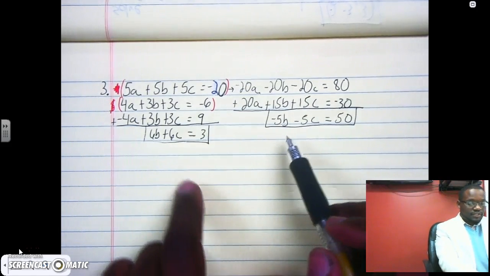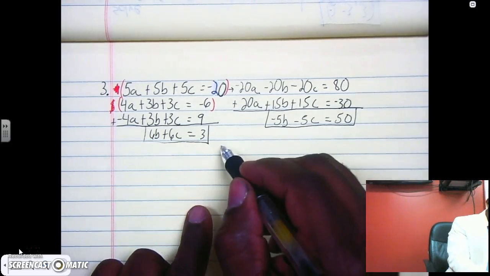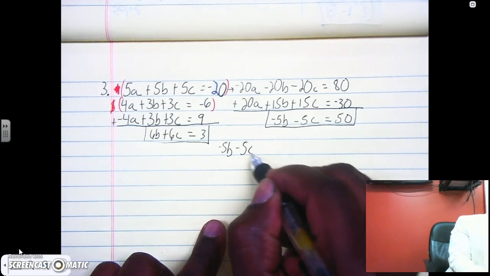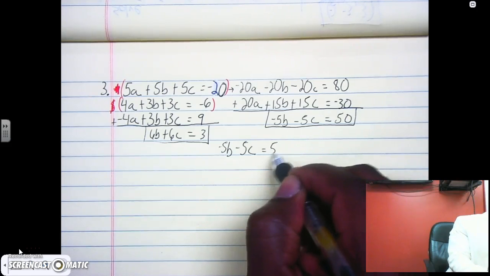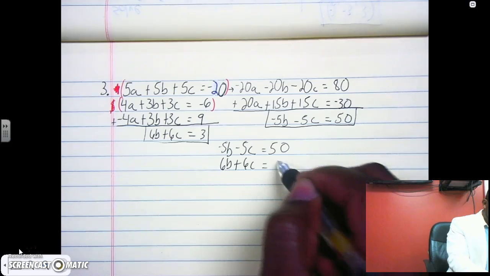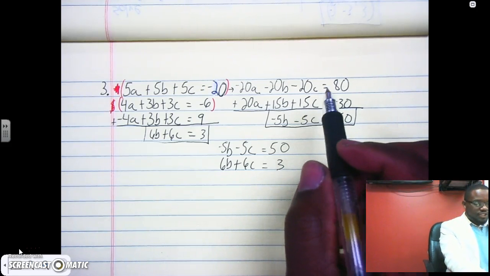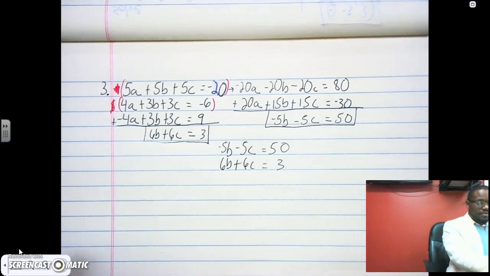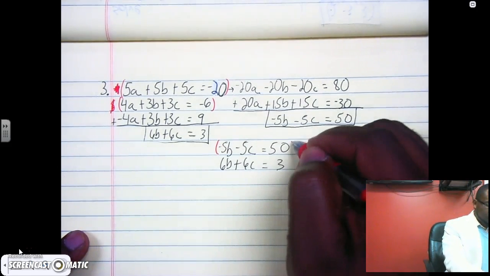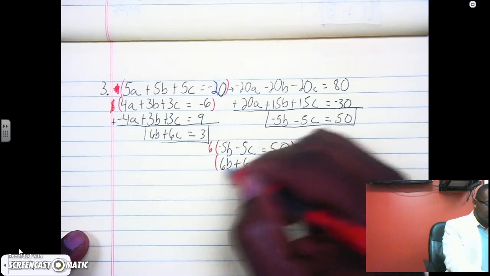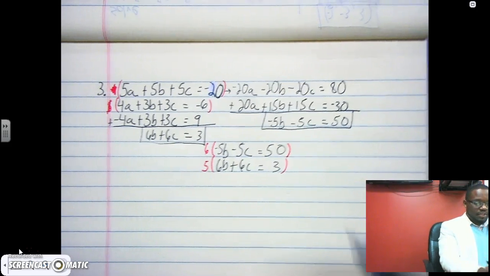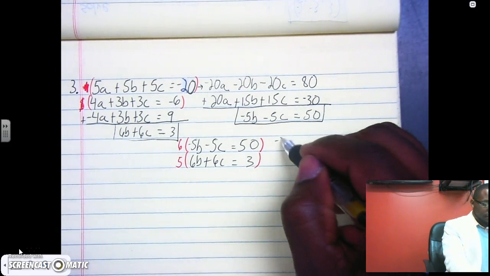So I have two equations in b and c. I'm going to put them together. Negative 5b minus 5c equals 50. 6b plus 6c equals 3. And let's say I choose now to eliminate my b's. I multiply this by 6 and this by 5, and I will get negative 30.